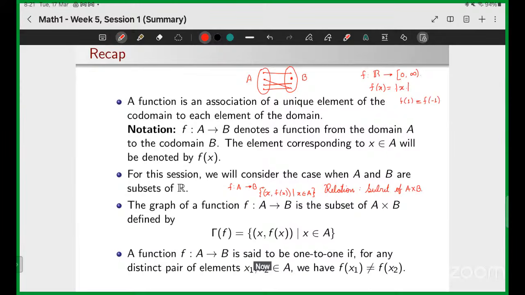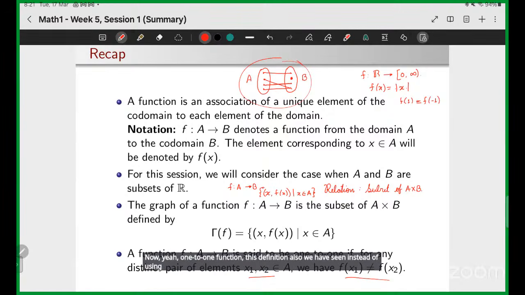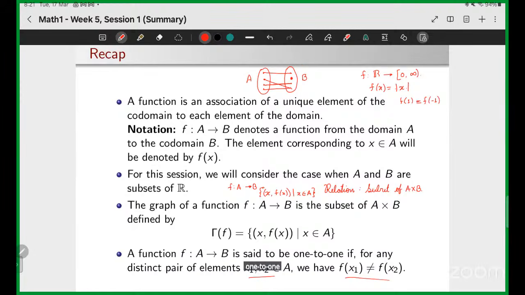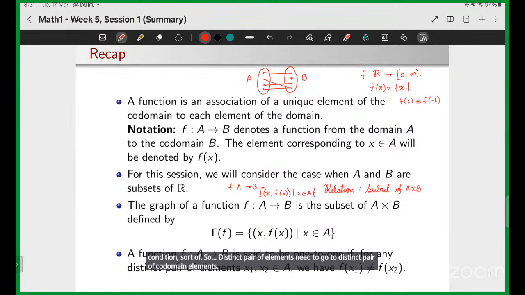Now, the one-to-one function definition we have also seen. Instead of using this visual representation, we give an algebraic condition. Distinct elements need to go to distinct elements of the codomain. That is what one-to-one means.